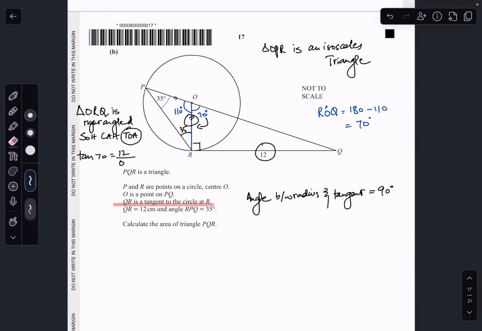So you get the value of OR as 4.37. Now this is the working I'm doing for you. Do not write in this margin. So just abide by that. Be careful with this.